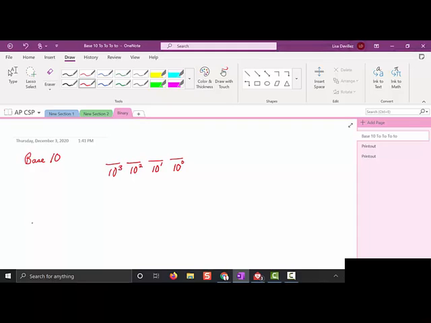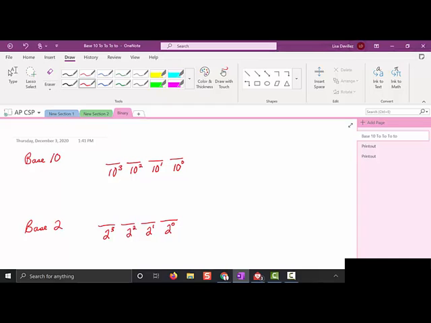Similarly in base 2, or binary, if I have just 4 digits, this place value is 2 to the 0, this one's 2 to the 1, 2 to the 2, 2 to the 3. That's how number systems work.